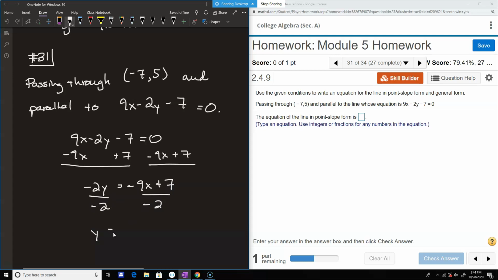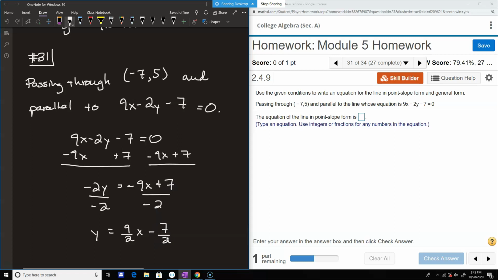So we'd be left with y equals, and then split each part up over the common denominator. The first part, the slope, will be minus 9 over minus 2, which is positive 9 over 2. The two negatives will cancel. So 9 over 2x, and then plus 7 over negative 2 is the same thing as minus 7 over 2.